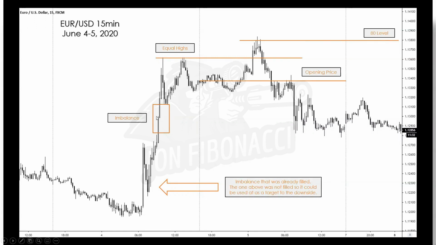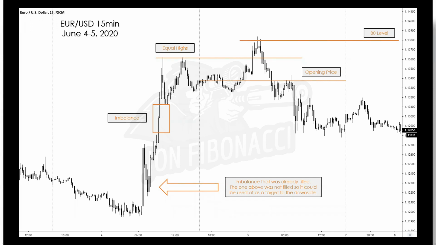You see this candlestick has no wick to the downside, and that to me is also an imbalance. So at least from an intraday standpoint, I would draw these two lines out, especially the body, the lack of the wick. I would draw that out, and that would most likely be my target.